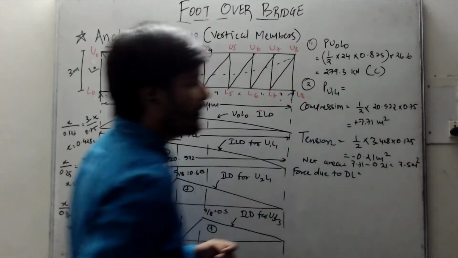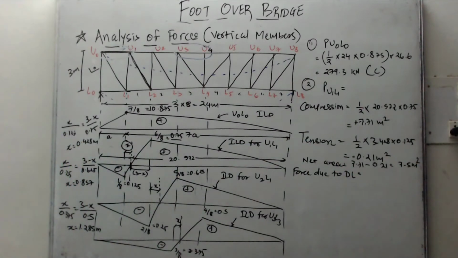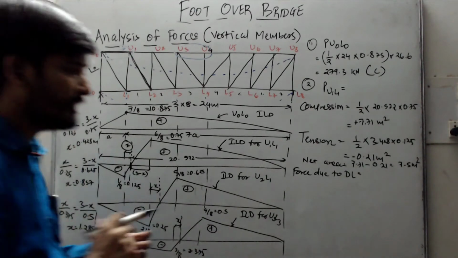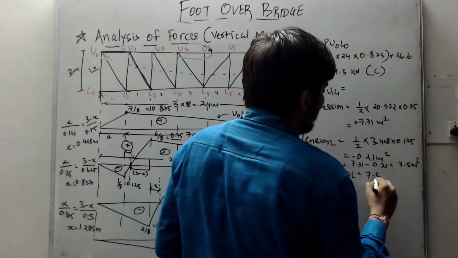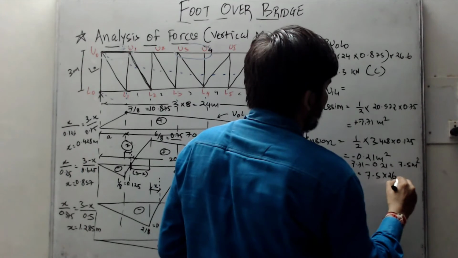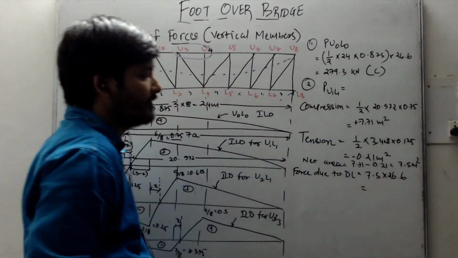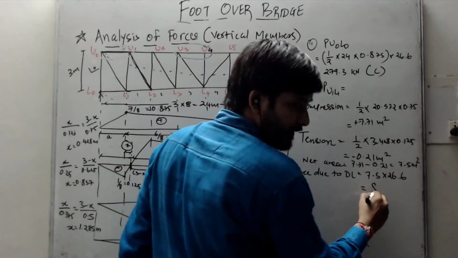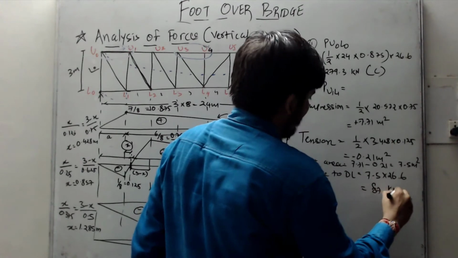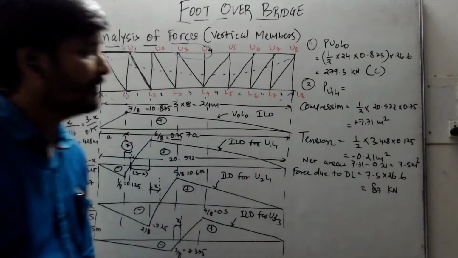Positive is the net area, so force due to dead load will be 7.5 multiplied by 11.6, so area multiplied by intensity. I am getting this value as 87 kilonewton, right? This is force due to dead load.